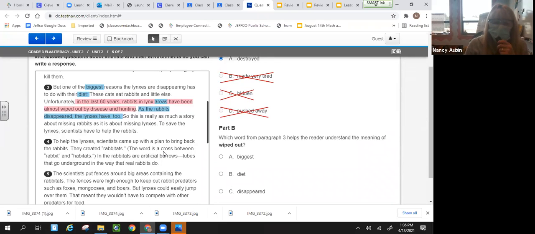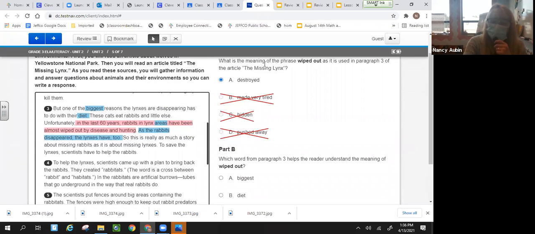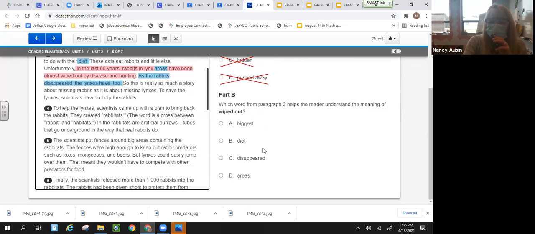Which one of those words, biggest, diet, disappeared, or areas, supports the fact that something's been destroyed? What do you think, Sunny? Disappeared, right? Should have said disappeared, because if something is gone, it could be wiped out or it could be destroyed.